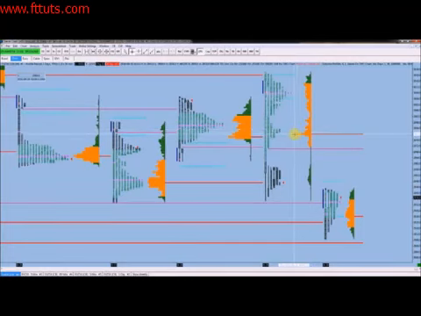So value was accepted here. Buyers and sellers agreed in terms of volume for the majority of the day that value was set at 29.80. It was at 29.70 that the people that had accepted value was higher have decided value doesn't sit there anymore.